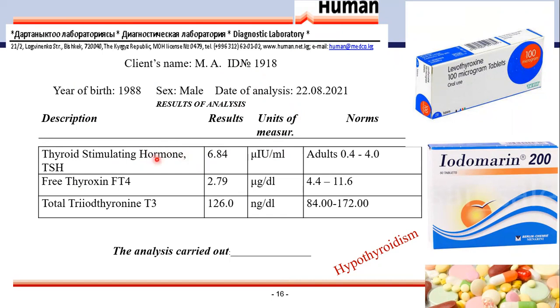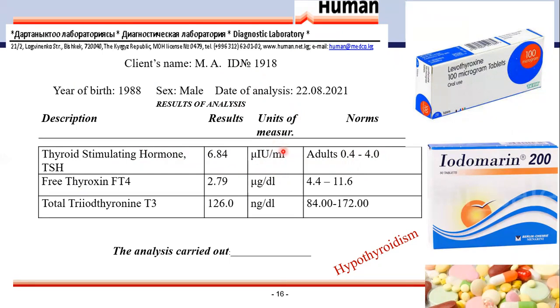The norm of thyroid stimulating hormone in our blood should be from 0.4 to 2.0 micro international unit per milliliter.